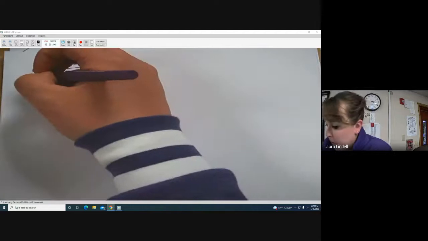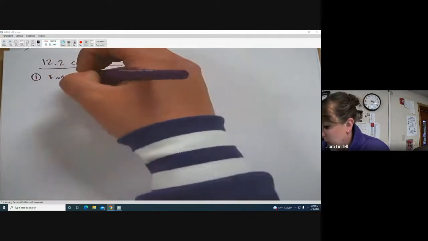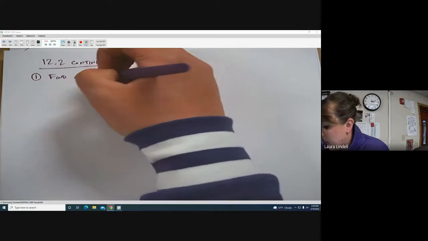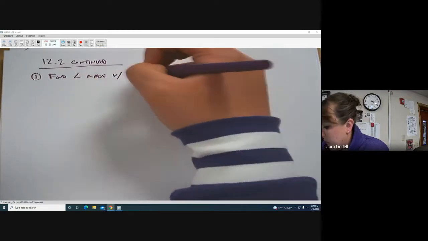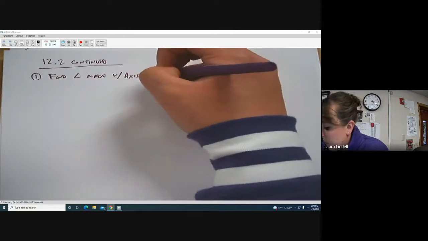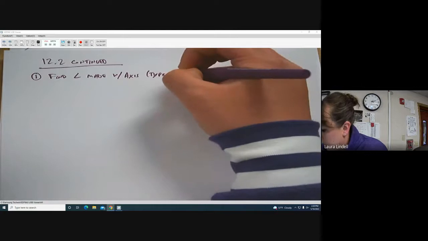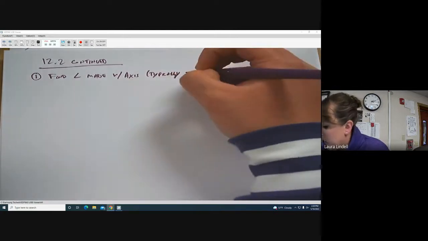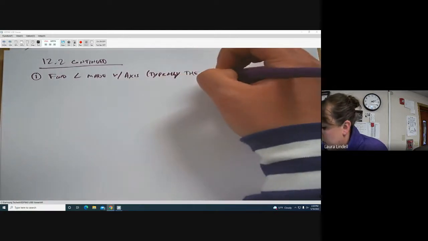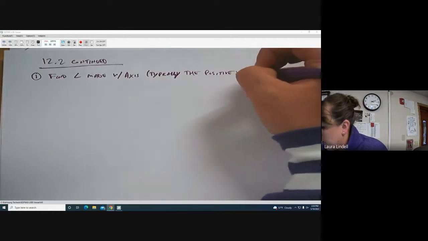Okay, so the first type of problem: find the angle made with an axis. Typically, the positive x-axis.